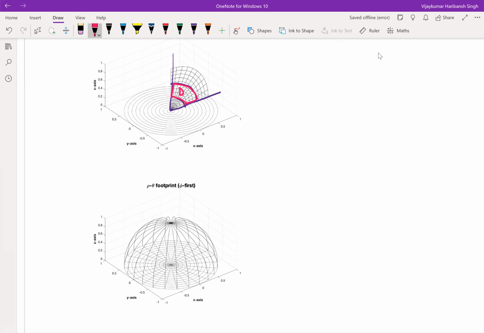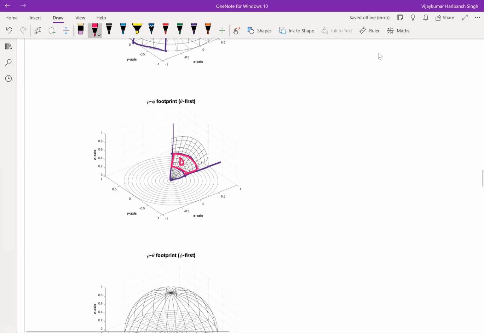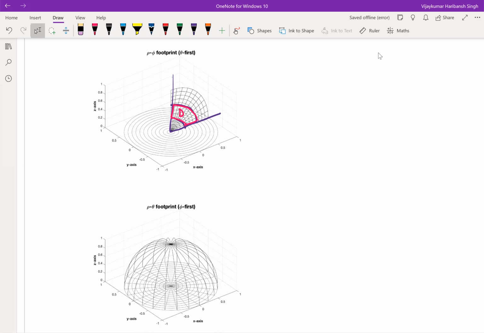Suppose I take phi equal to 0, then I'm looking at a footprint of the following form. If phi is not 0, then I'm looking along, say, the top of a cone, so I have something of this form. Okay. All right.